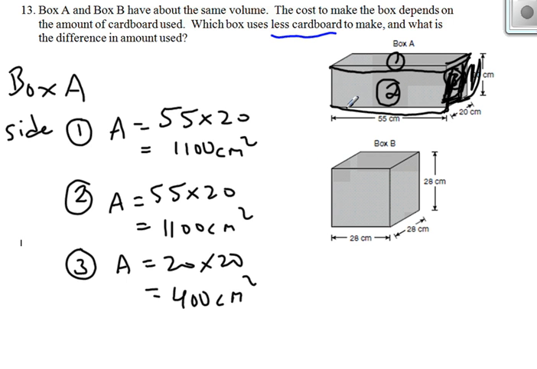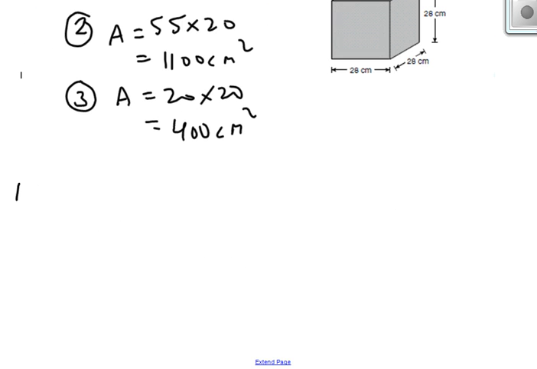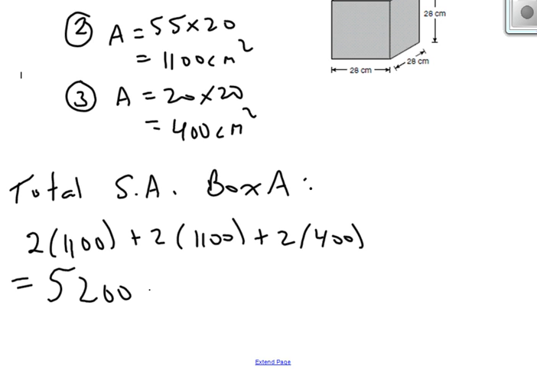So altogether, if I add up the 6 sides of box A, I have a total surface area for box A of 2 of the tops, 2 of the front, and 2 of the sides. Adding that up, what do you get? You should get 5,200 centimeters squared. That's how much cardboard went into making box A.